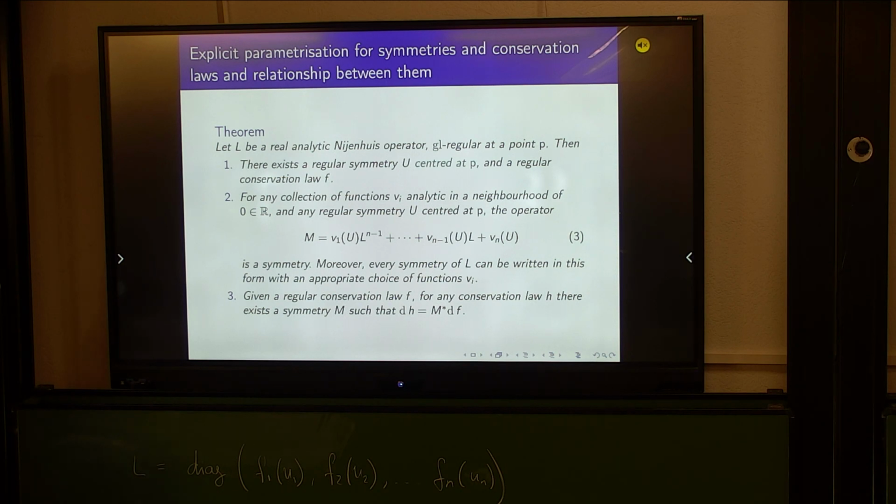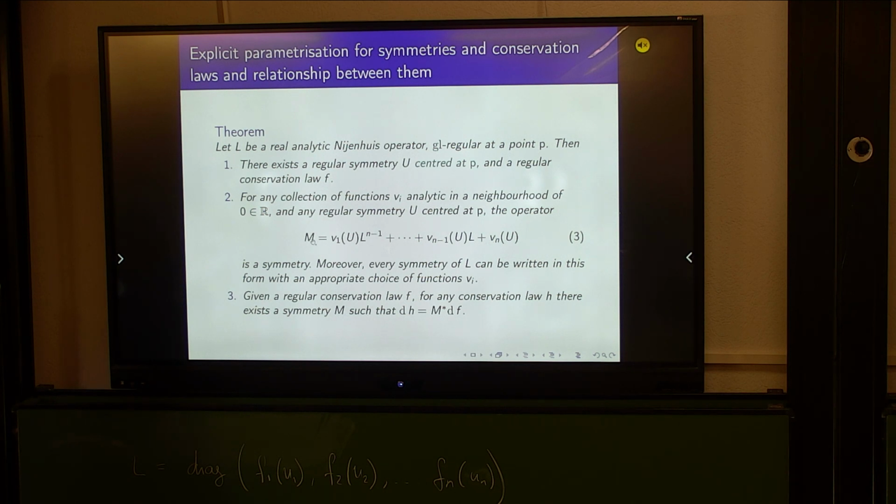So then the statement is that if you consider this expression here, look, V1 is an analytic function, which can be applied to symmetry U. So what's written here? It's just an operator which depends on n functions of one variable.